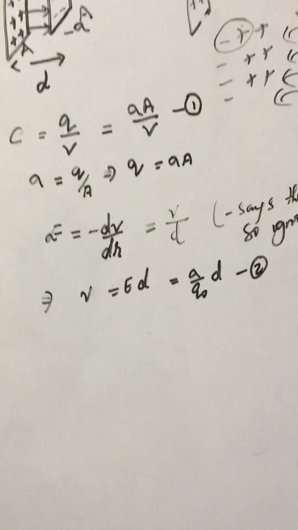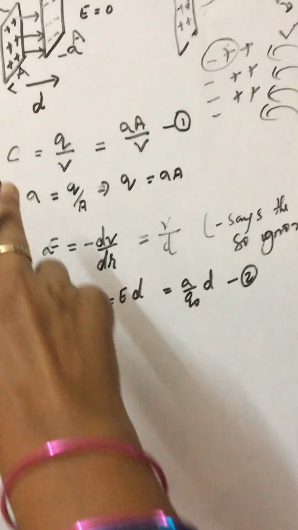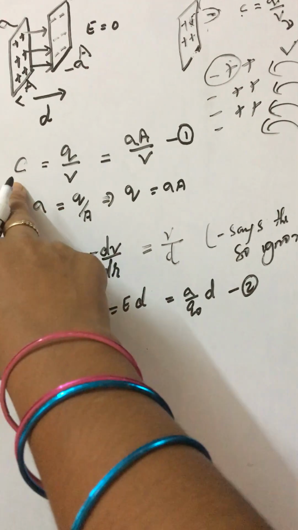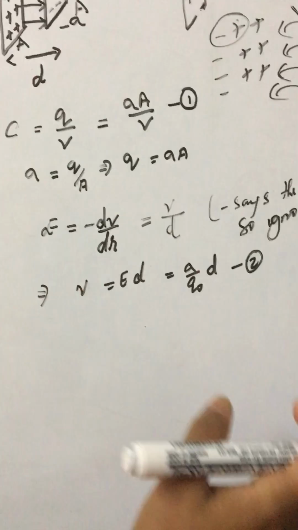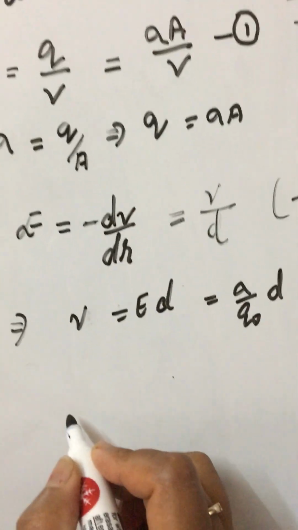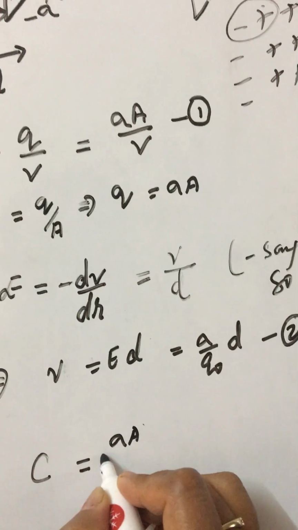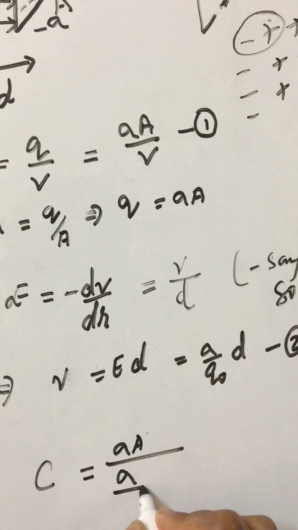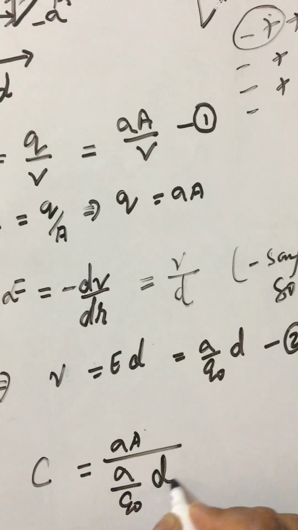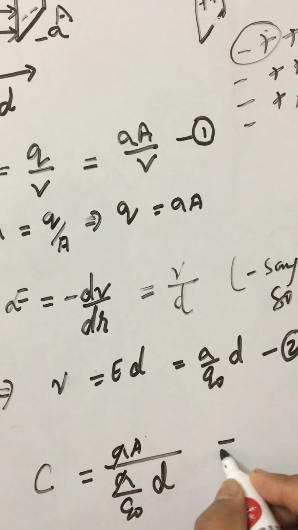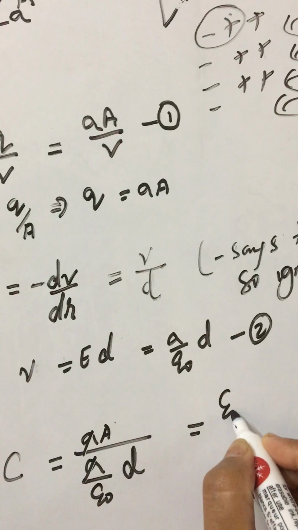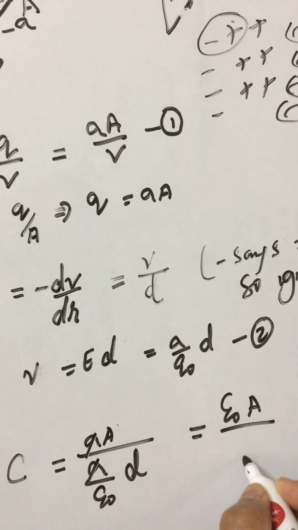Now we need to get the expression of C. Substitute it: C equals sigma A, and in place of V we write sigma D by epsilon naught. Sigma cancels out. Then we get C equals epsilon naught A by D.